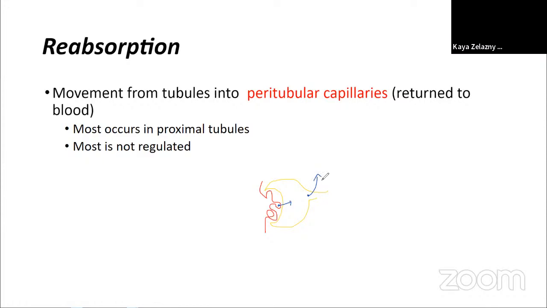The part of the bloodstream that we're going to see here are those peritubular capillaries. Peritubular just meaning next to the tubes. So all that's saying is that after the plasma goes into the glomerulus, it keeps flowing, right? And then we start to have peritubular capillaries neighboring the rest of the nephron.